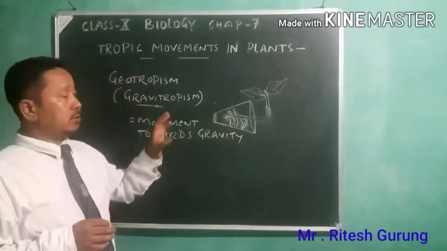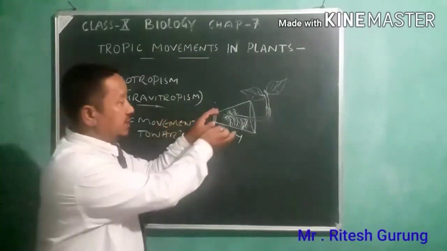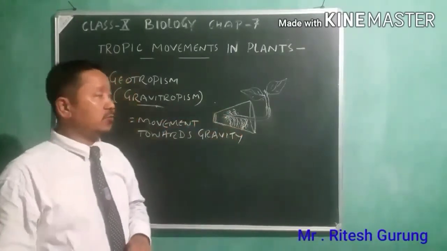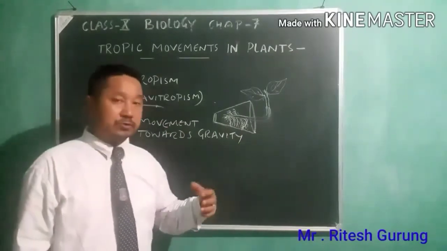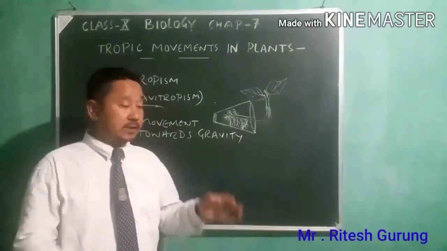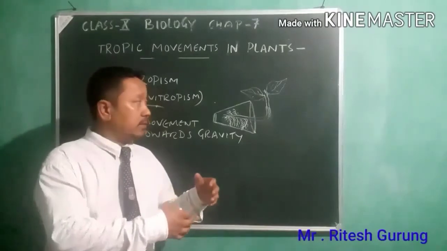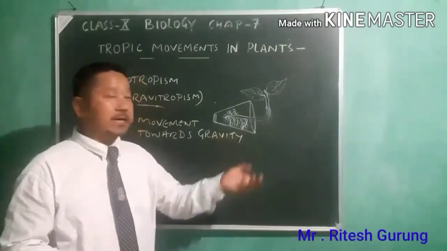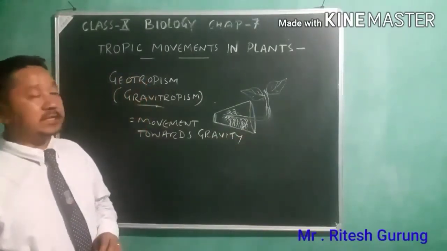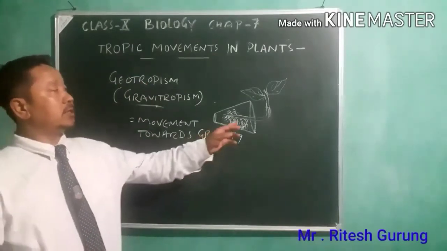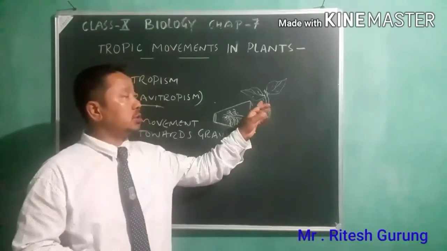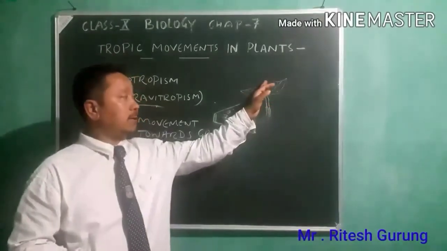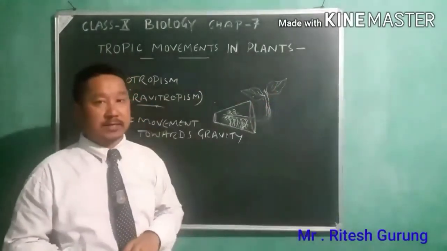But if you tilt it and keep it like this, what you find is that over the course of time, not today itself, not next day, but in the next few days, you can see the movement of the shoot like this, towards the source of light.